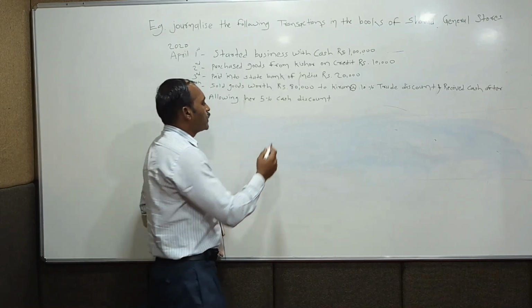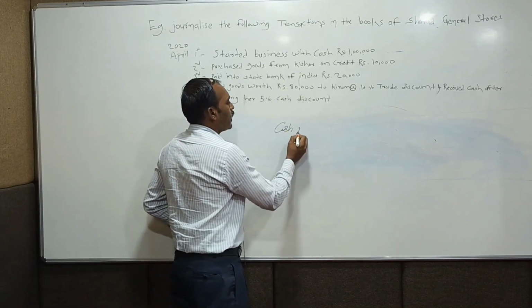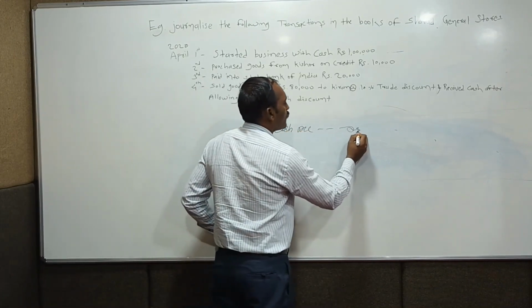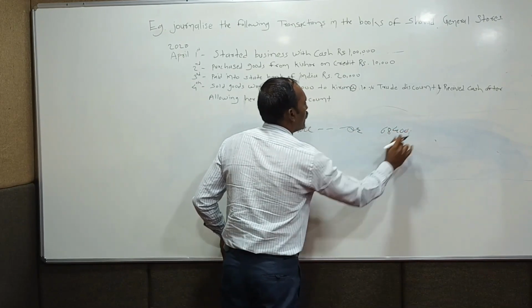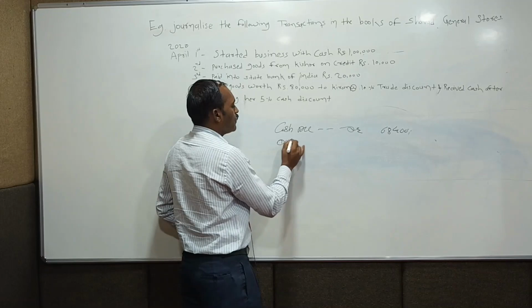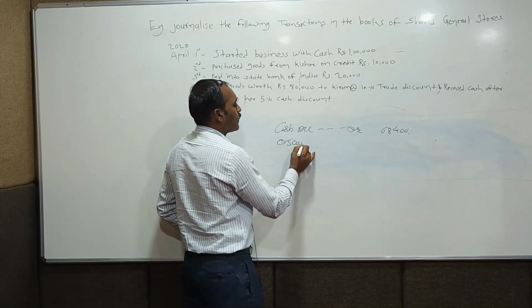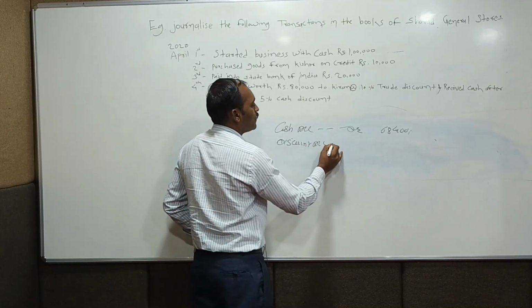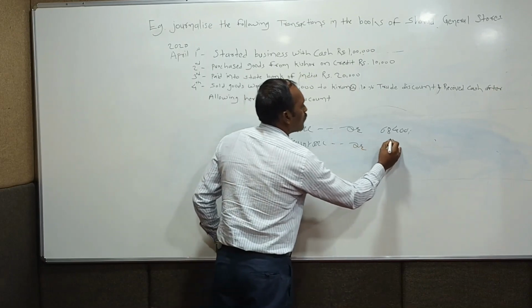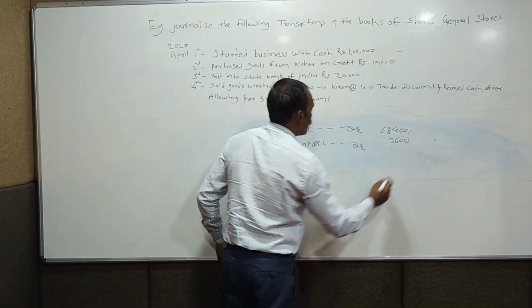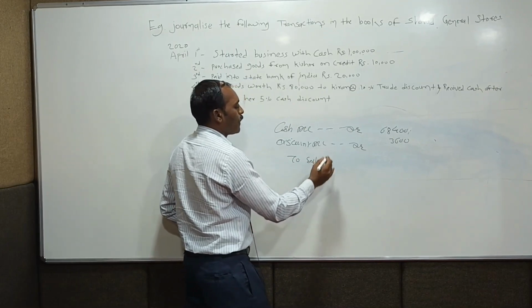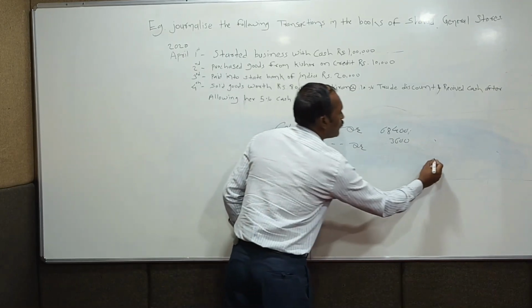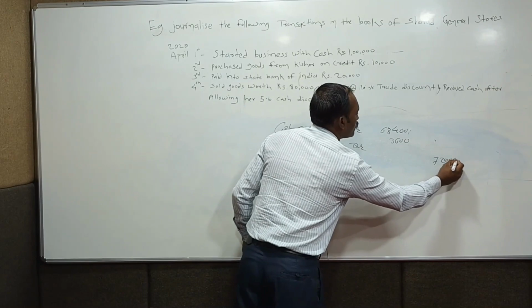So the first account is the cash account debit, cash received 68,400. Then discount account debit rupees 3,600, and then to sales account 72,000.